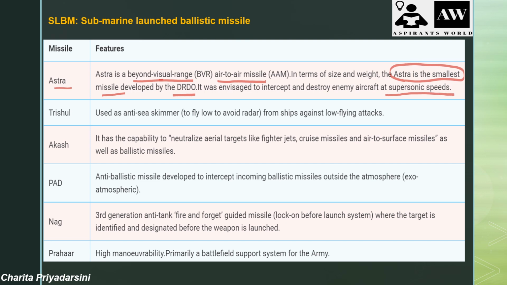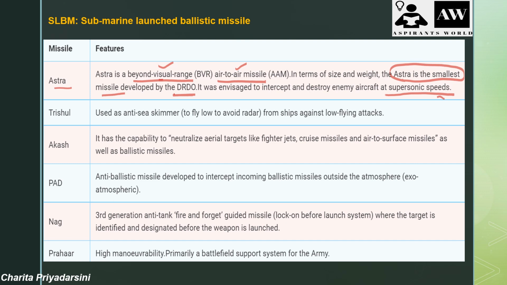We have discussed what is meant by supersonic. So it targets the enemy aircraft at supersonic speed. So remember, Astra is a beyond visual range, air to air missile, and Astra is the smallest missile developed by the DRDO, and it is a supersonic missile.